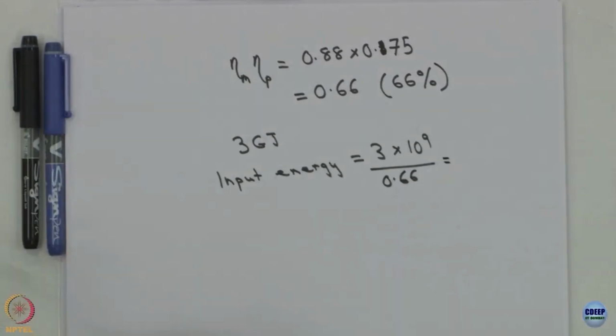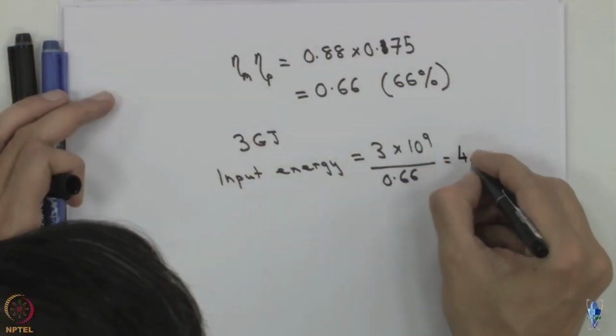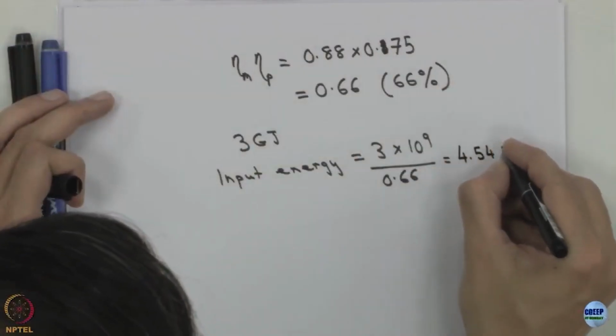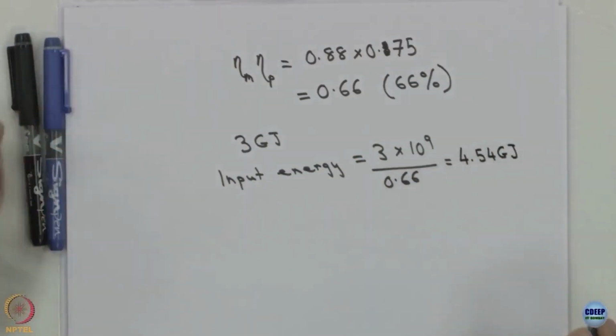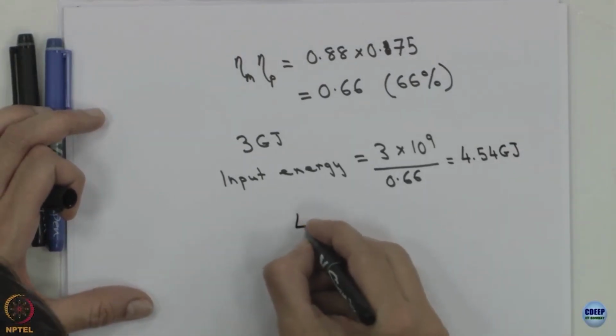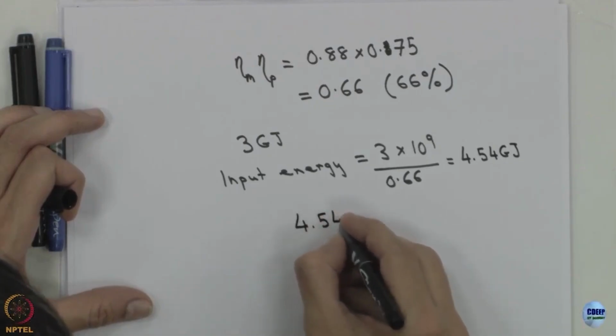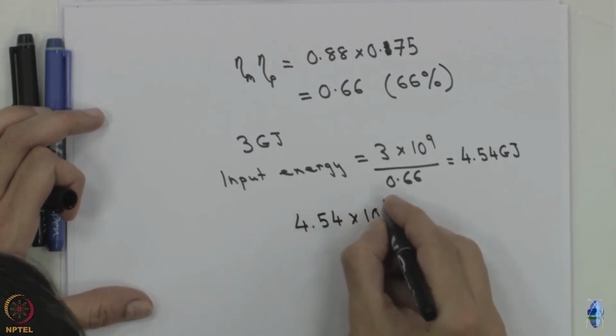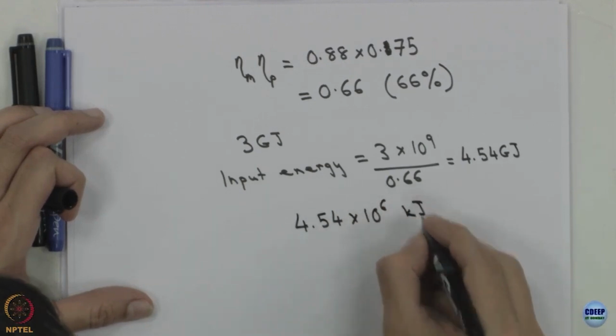You can just check this, 3 divided by 0.66, it's 4.54. Now, if we want to convert this into the amount of electricity, you will find that this is 4.54 into 10 raised to 6 kilojoules.